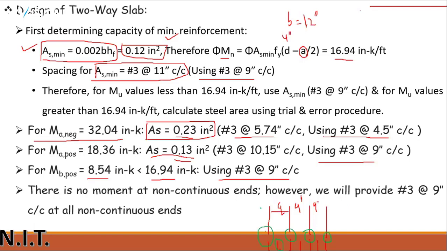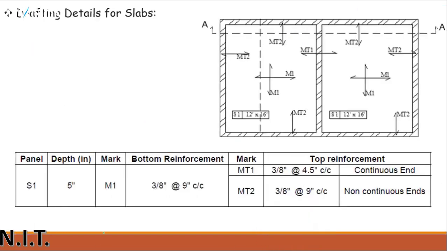That's why we have selected this dimension. As I have arranged this, for example, this is MT1, we have designed this slab, clear.